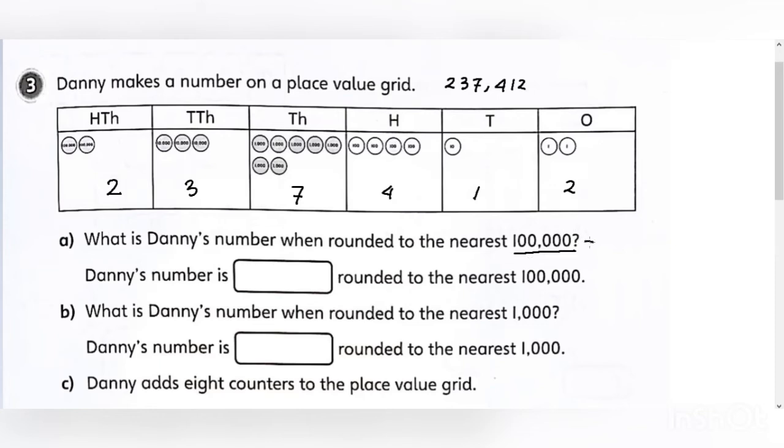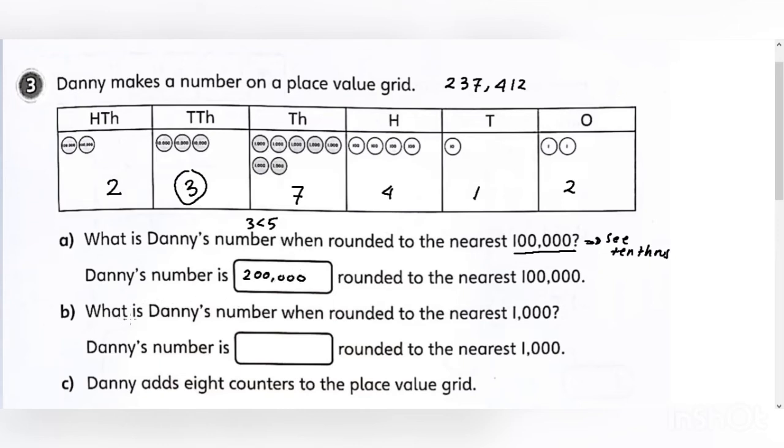If we need to round the number to the nearest 100,000, we need to see the 10,000. The 10,000 here is 3. Since 3 is smaller than 5, we just round it to the previous number. So the answer here is 200,000.